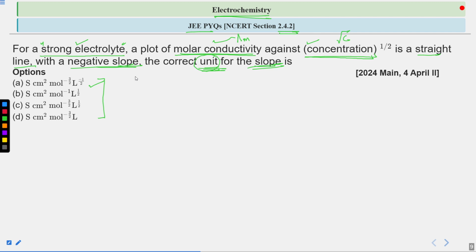Okay. So you have to relate all of these terms together in a form of equation, or in a form of concept if you remember from the theory part, and then you can solve it.